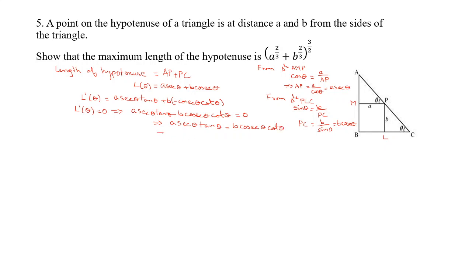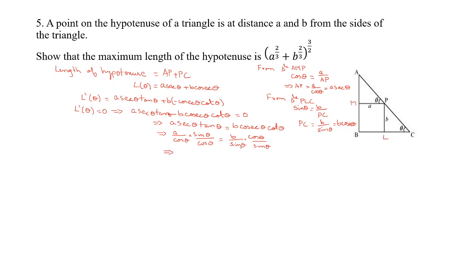So that implies A by cos theta into sin theta by cos theta equals B by sin theta into cos theta by sin theta. That is converting everything in terms of sin and cos.